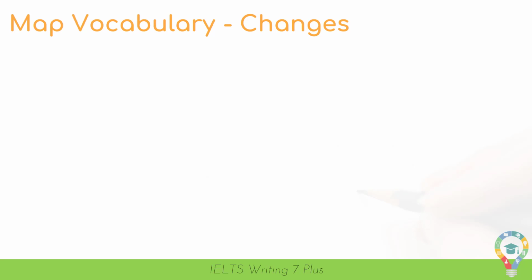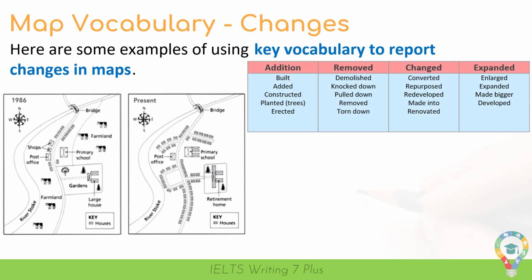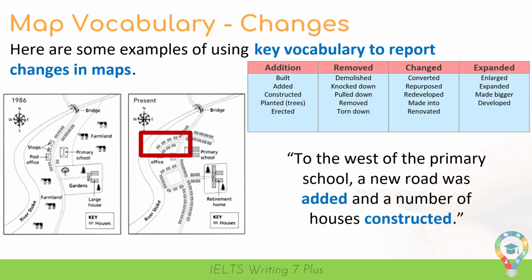So let's take a look at this language used against a previous IELTS Task 1 map. And here we have a map of some place in 1986 and present day. So let's use these really useful verbs to describe the buildings here. So they have been added. This is an addition. To the west of the primary school, a new road was added and a number of houses constructed.